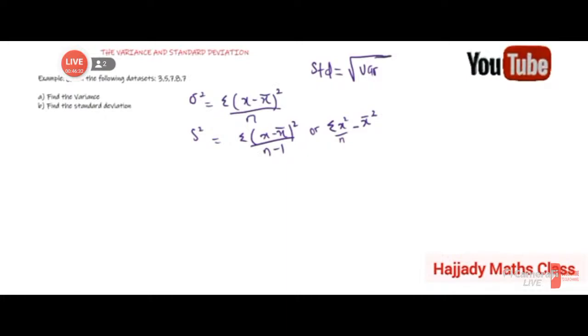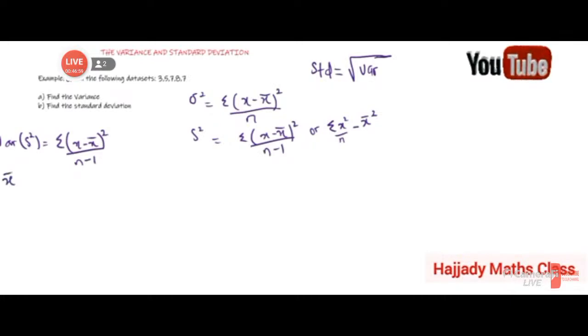Now for us to do this, since we are calculating the variance, our variance is going to be, let me use s squared, the first formula, summation of x minus x bar all squared over n minus 1. So we need to calculate our x bar first, which is the mean.